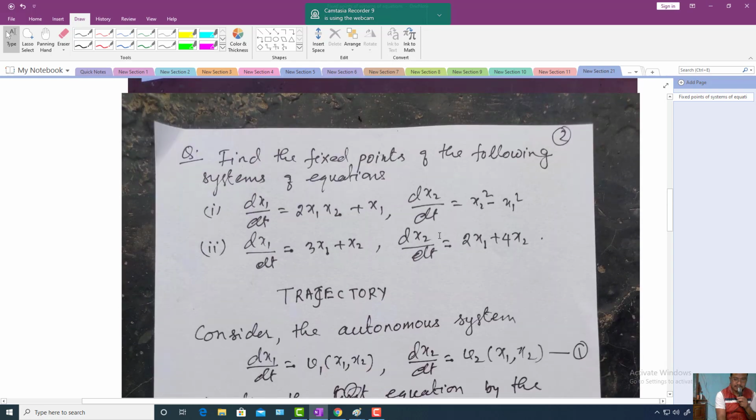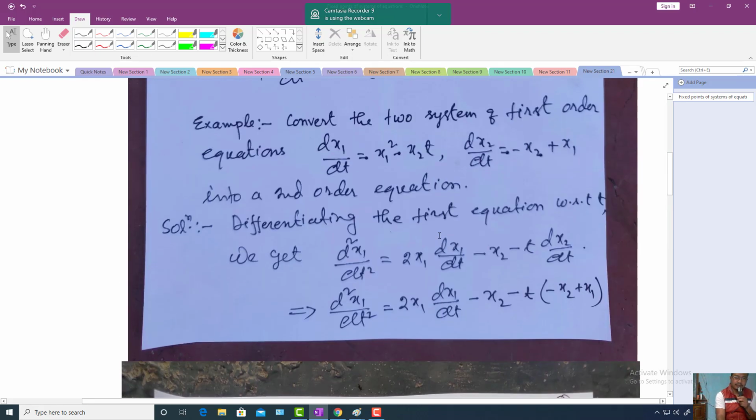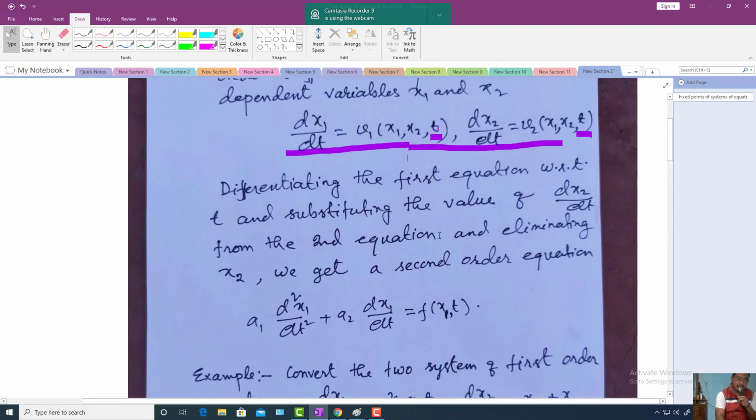Let us come to this note. How to find the fixed point? The fixed point is the solution when you put dx1 by dt equal to 0 and dx2 by dt equal to 0. So you will have two equations, v1 equal to 0, v2 equal to 0.